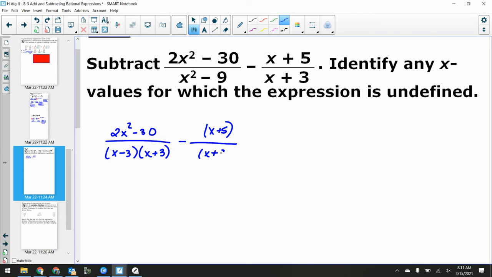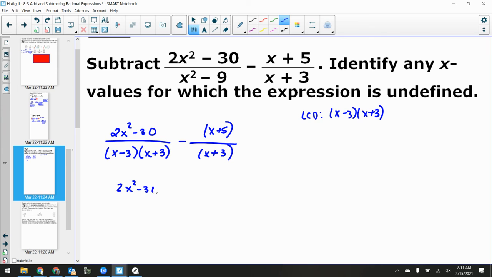So my LCD is just x minus 3 times x plus 3. I don't need to change the left side at all because it includes both factors out of my LCD.